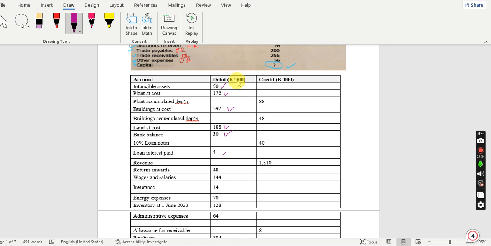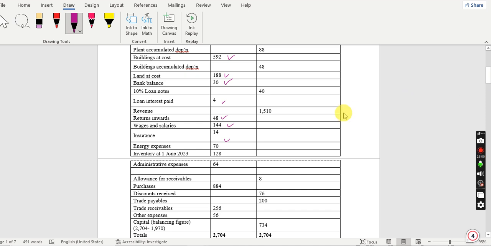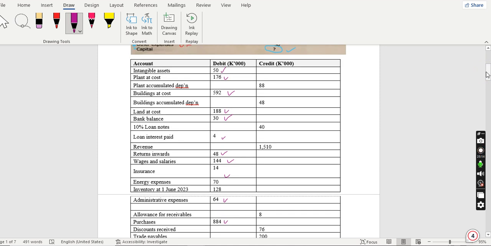Do not worry, I've put these three zeros here. Plus 48 plus 144 plus 14 plus 64 plus 884. I hope I'm not moving too fast.